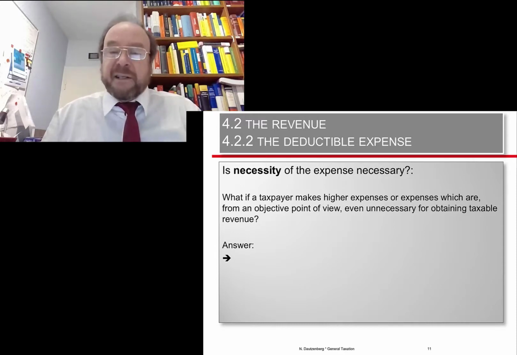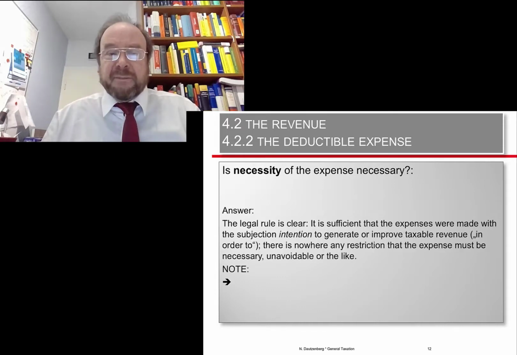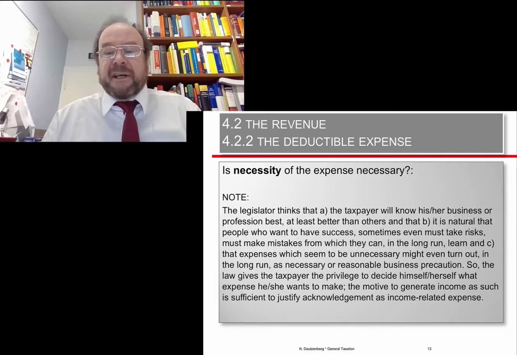So if you make higher expenses or unnecessary expenses, the only question is, was that done in order to improve your income situation? That's the only thing. Necessity is not necessary. The idea is you know best about what might have a good outcome. You must be given the chance to take a risk.